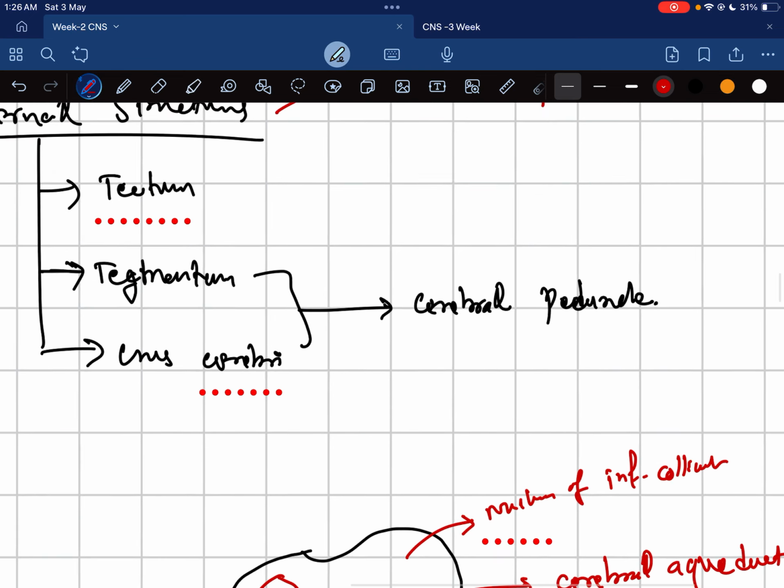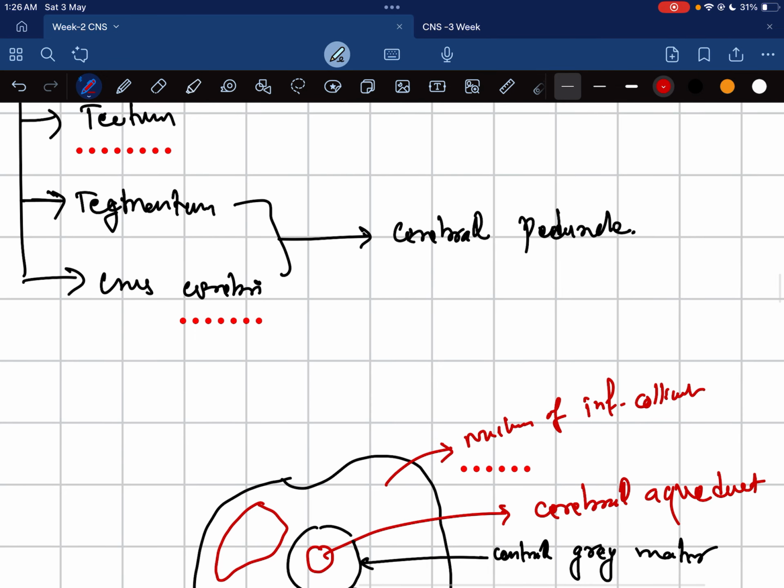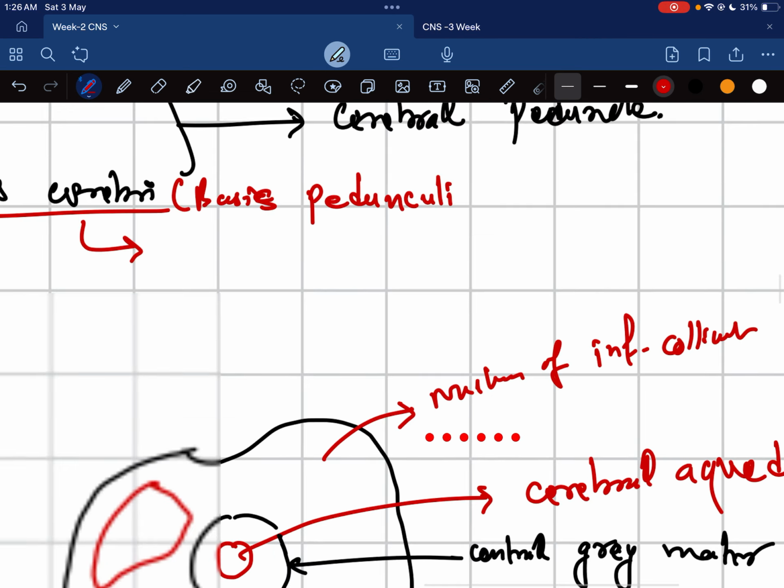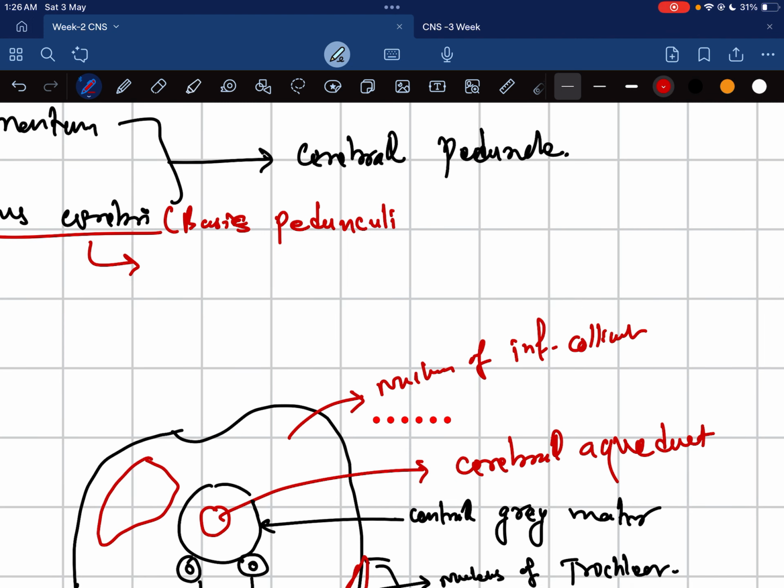Moving on to the crus cerebri, this is known as the basis pedunculi, and it contains descending fibers such as corticospinal and corticonuclear fibers in the middle, and the frontopontine, temporopontine, parietopontine and occipitopontine fibers.